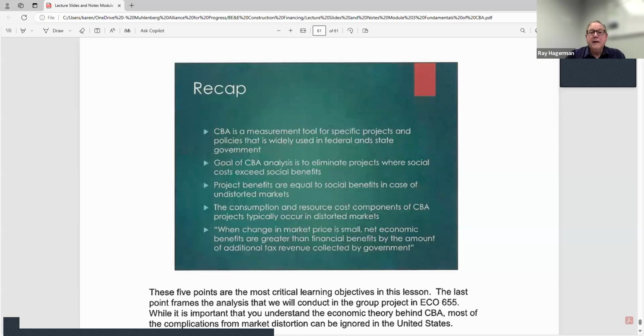And a lot of CBA projects are decided yes or no based on how much more tax revenue they add to the community.